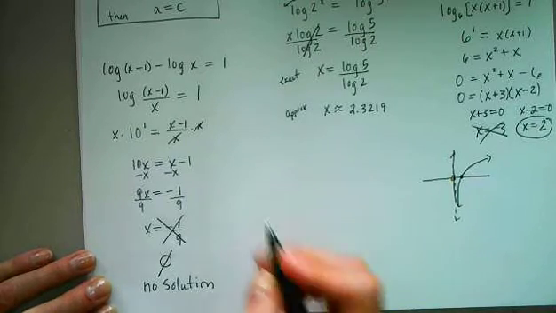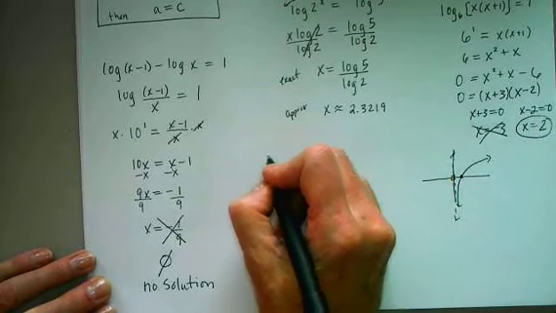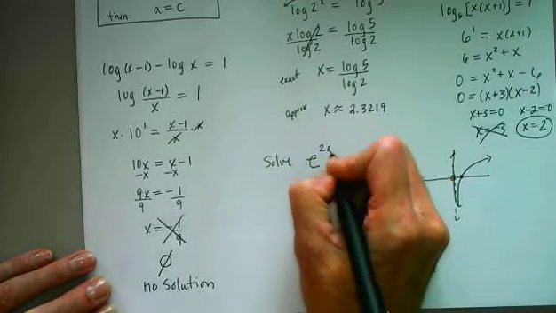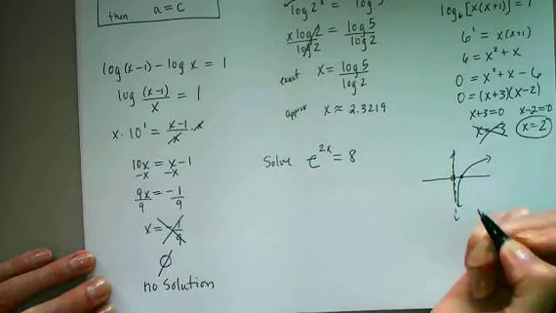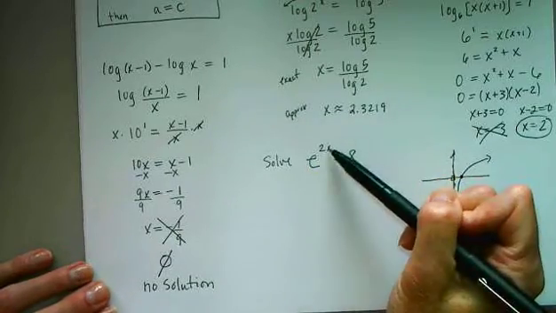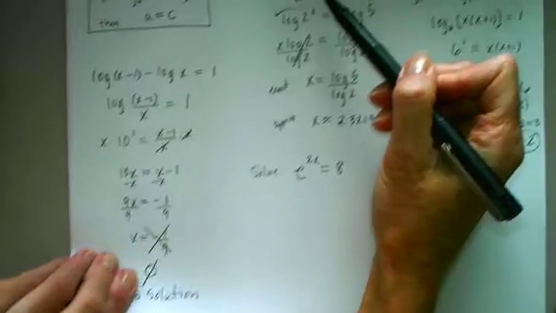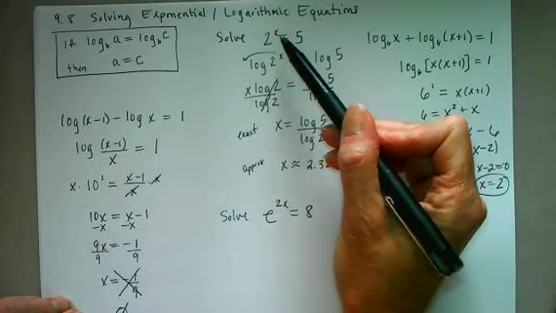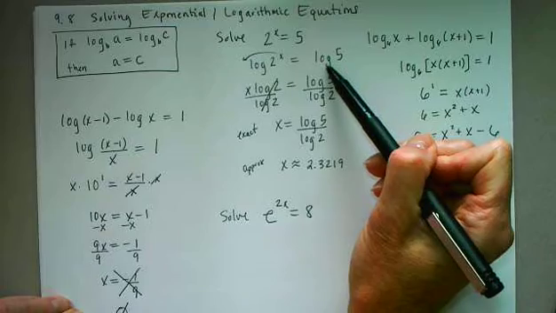Alright, let's try this one. Last one. Let's say we're supposed to solve e raised to the 2x equals 8. Now once again, our variable, it's just like this one that we saw right up here. Our variable is in the exponent. So to bring it down, I need to take the log of both sides.